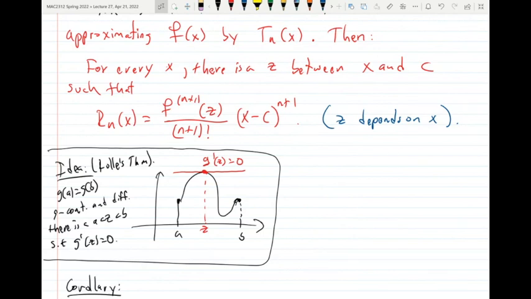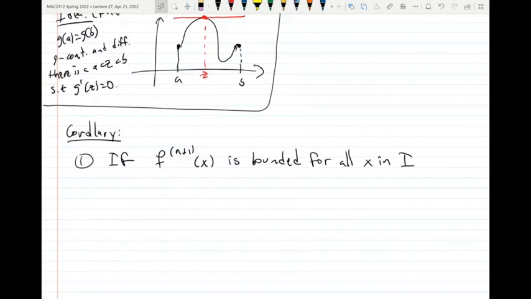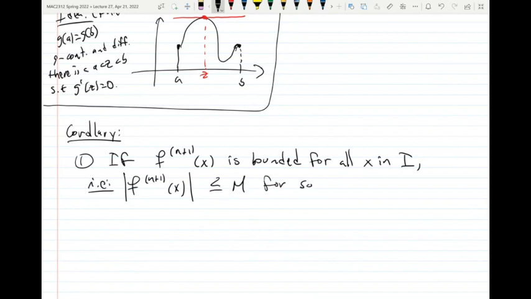So z is also a point inside that interval. So if this derivative is bounded for all x in I, so what that means is that the absolute value of this is going to be less than or equal to m for some m. That's what it means to be bounded. Then we have the following.